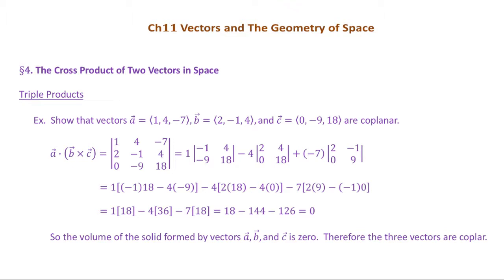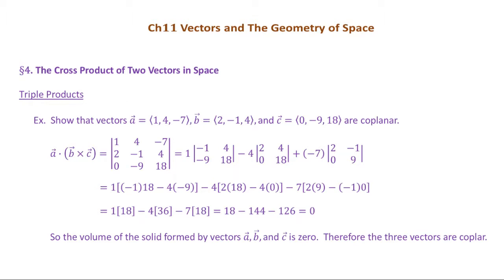So let's do the triple product of A, B, and C. It really doesn't matter whether you do A dot B cross C, or C dot A cross B, whatever. In any case, you're going to get a zero in any of those triple products.